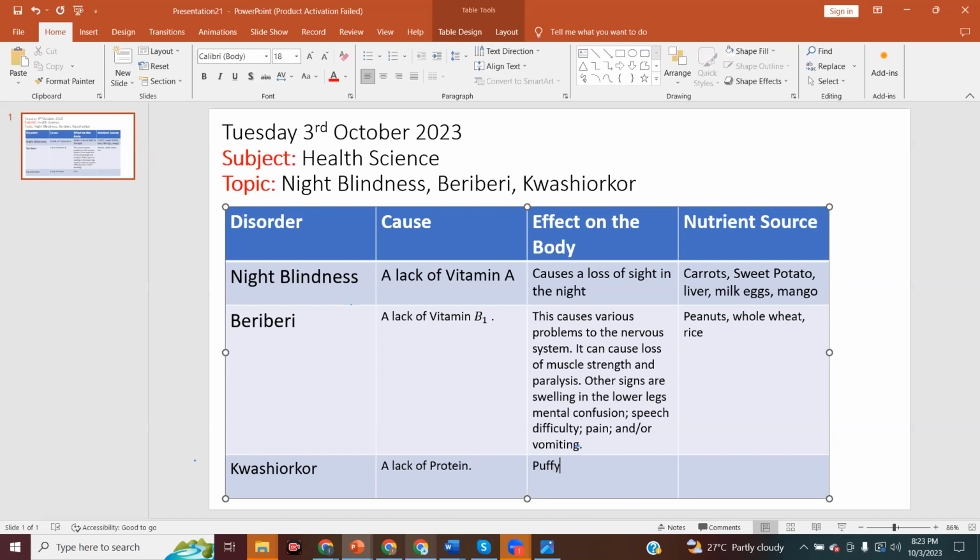So a lack of protein can cause someone to have puffy ankles. It can also cause them to have thinning of the hair.